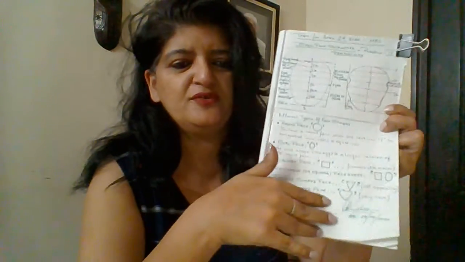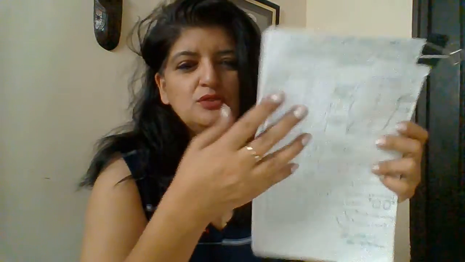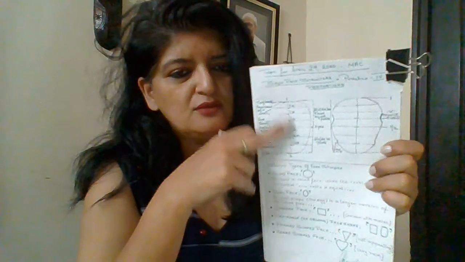I have already posted this on my group of the students who are enrolled in my class. Of course, everyone is free to join, so there's no problem. Here you have your different calculations, you have your different types of face. So keep practicing and do well.